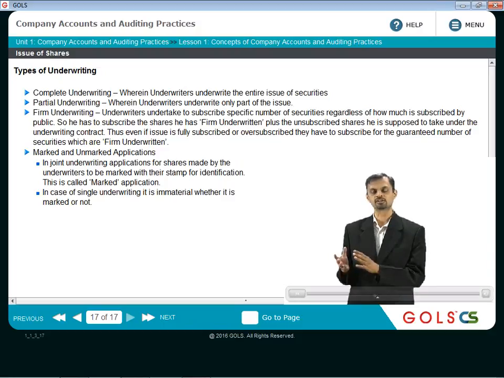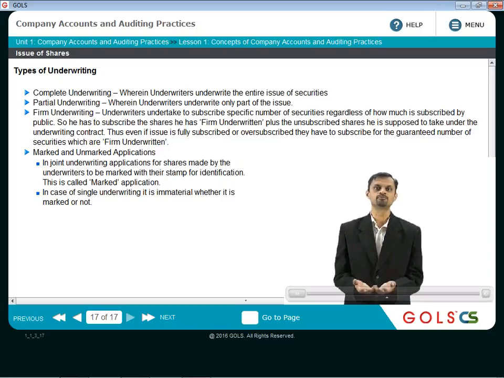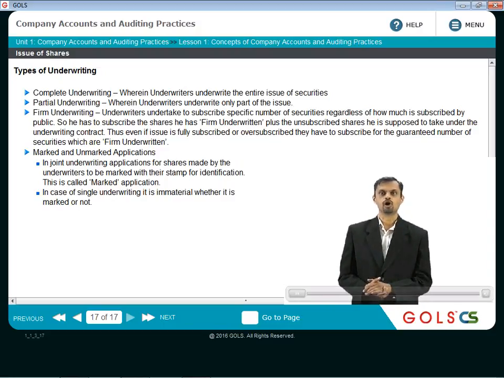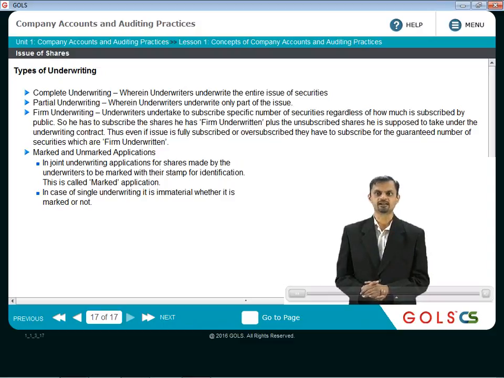So whatever shares are not subscribed for by the public, those shares he will have to take up. In addition to that, he has to take up the firm underwriting shares. Thus, even if the issue is fully subscribed or oversubscribed, the underwriters have to subscribe for the guaranteed number of securities which are firm underwritten.